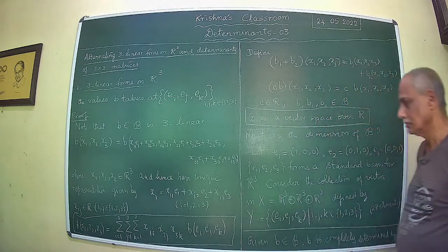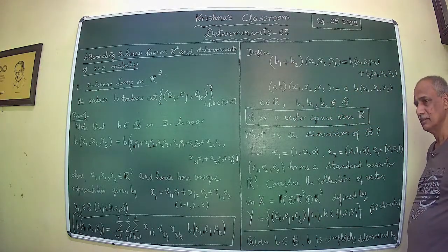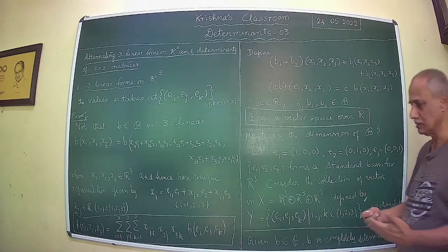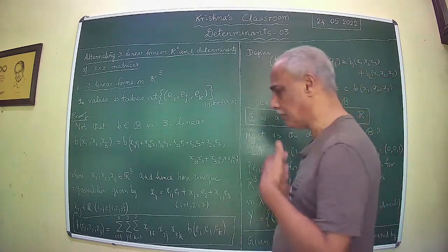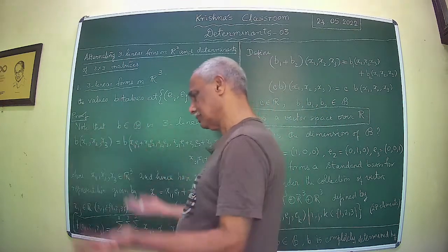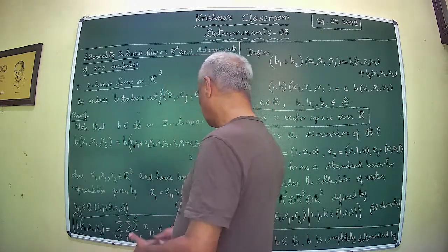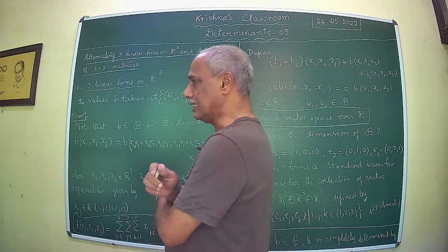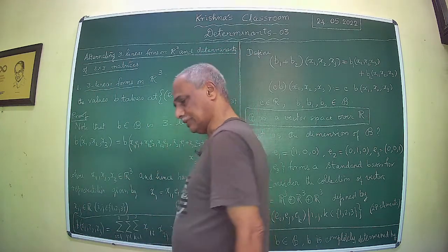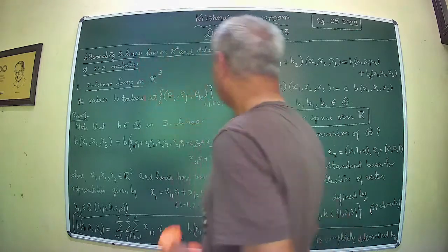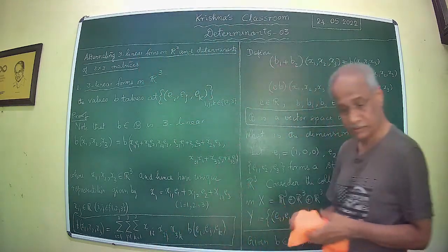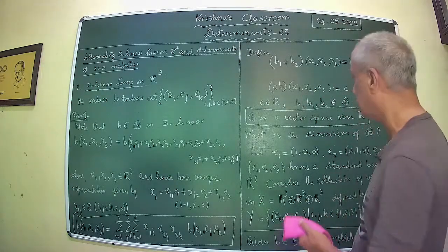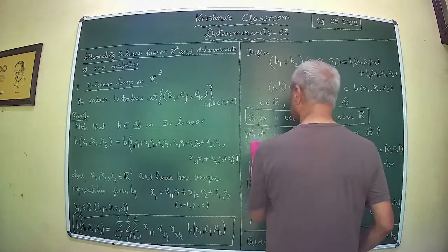So by prescribing this and extending over the whole space using this formula, one gets a trilinear form defined on R3. So let us work it out. We will now construct some specific trilinear forms.